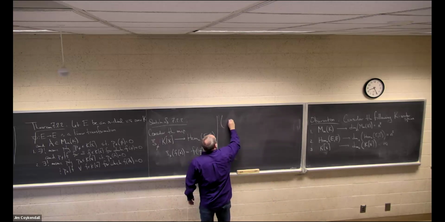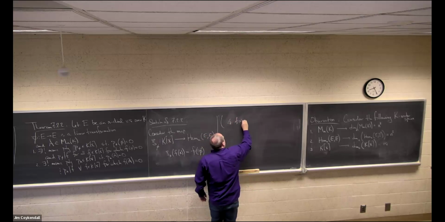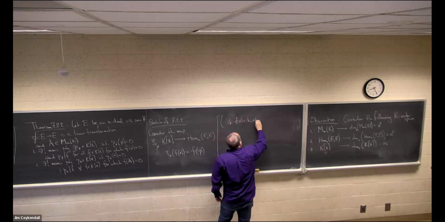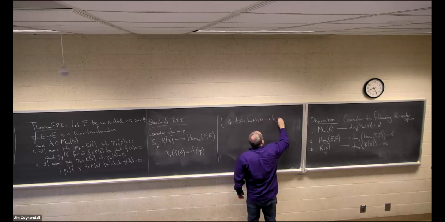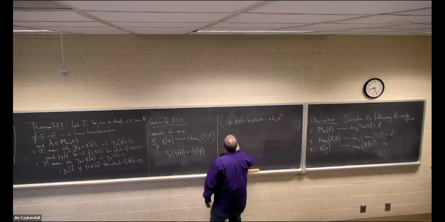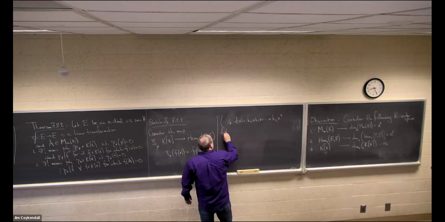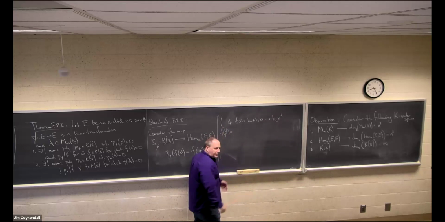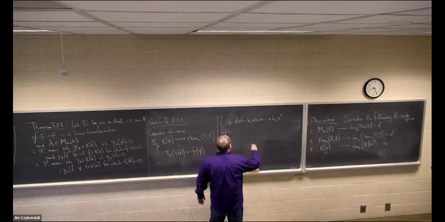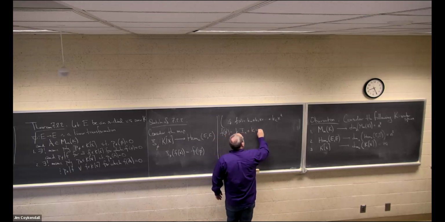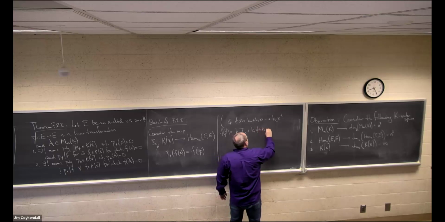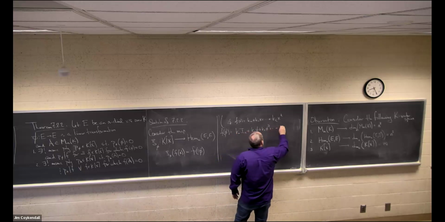Just to be absolutely clear, f of x is k0 plus k1 x plus k2 x squared and so on. Then f of phi, where phi is the linear transformation, is k0 I plus k1 phi plus k2 phi squared and so on.